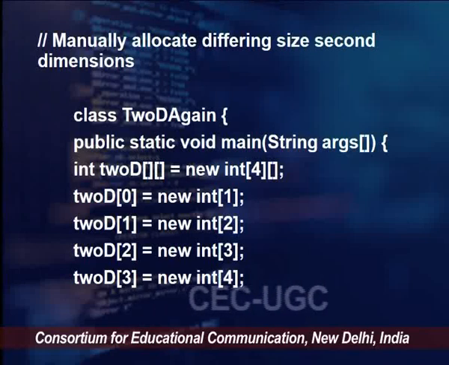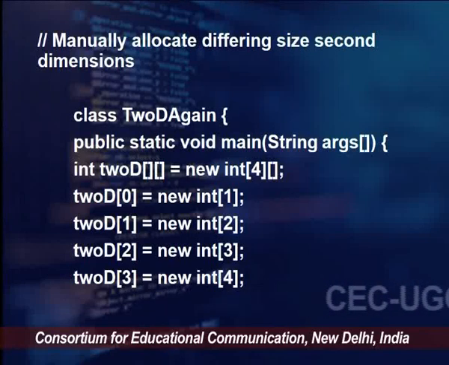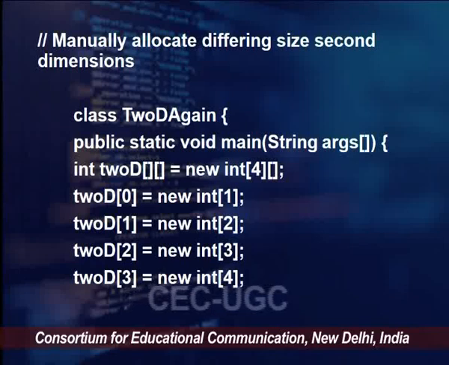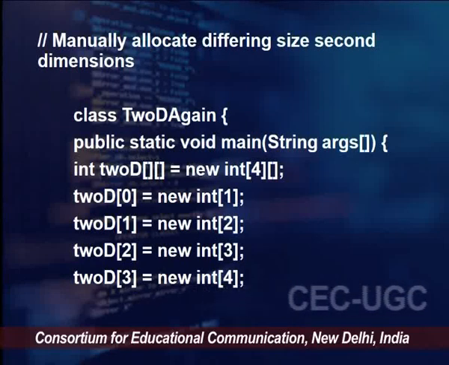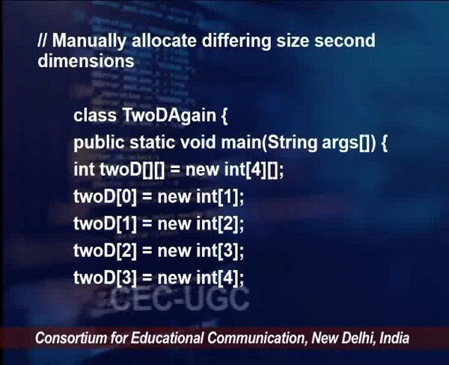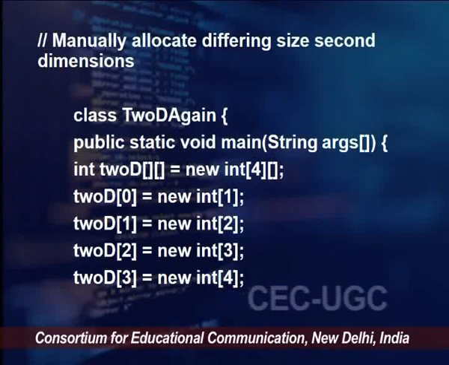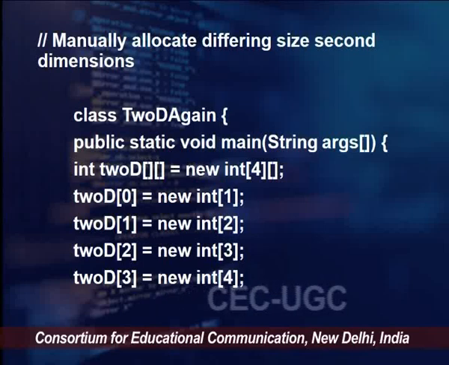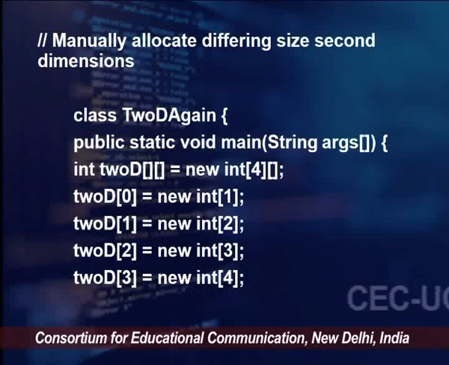Within a class we have our main function, and within it we allocate the memory using new. So int 2d is equal to new int 4, and we have not specified the size of the second dimension, because I'm going to have it different for different rows.